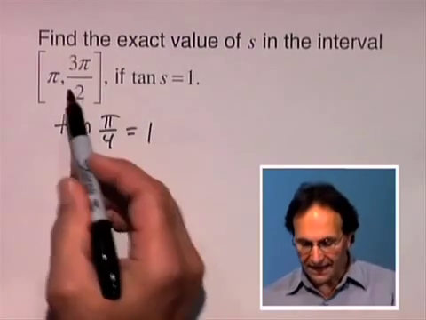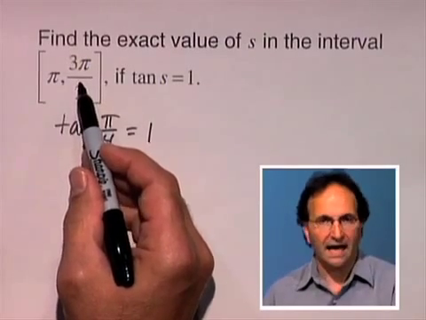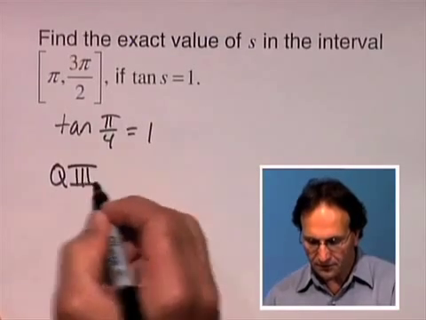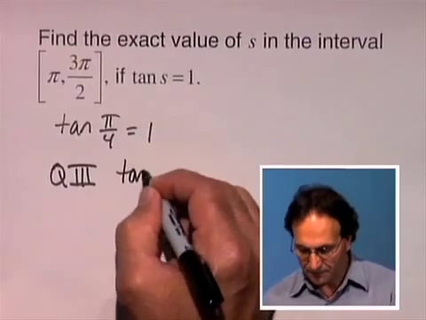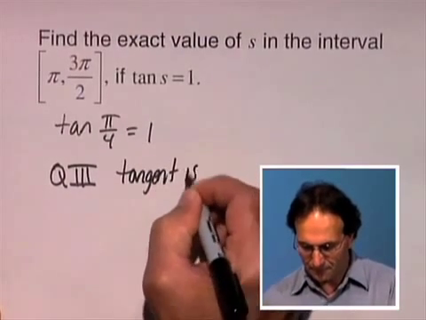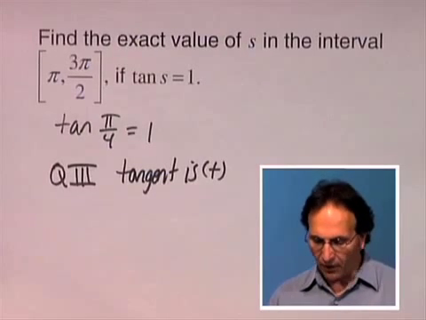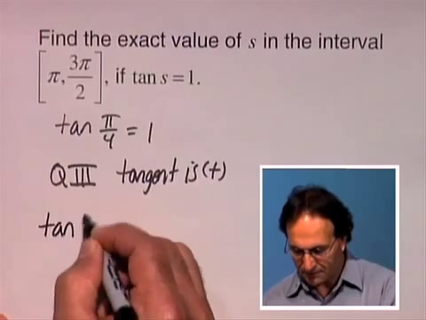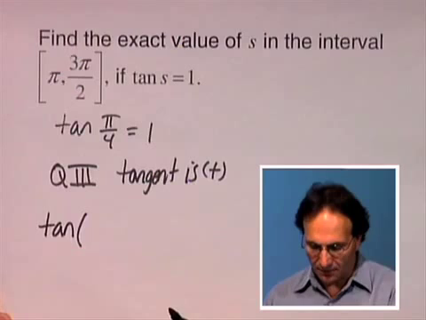When we look at the interval they've asked us to find the angle in, we have that it's in quadrant 3. Tangent is positive in quadrant 3. So therefore, what we know is that the tangent, and now let's put the angle in quadrant number 3.